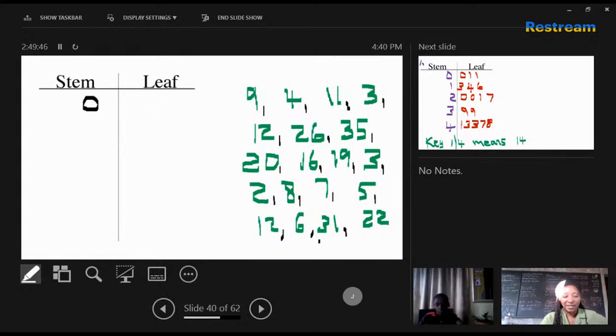And we would try to get them in numerical order. So we would have 3, 4, 5, 6. So we write that. We'd have a 3, 4, 5, 6.